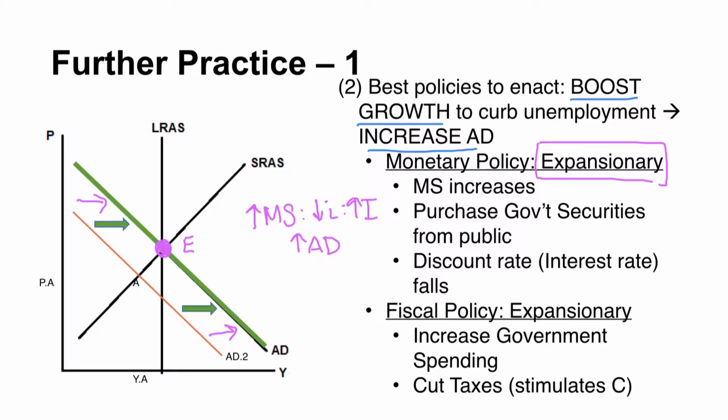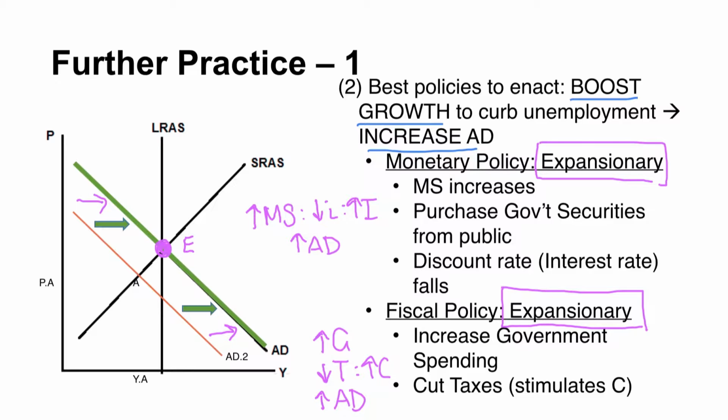On the other hand, we can also enact expansionary fiscal policy. From this perspective, the government can increase government spending, or it can cut taxes to stimulate consumption. Both effects would cause an increase in the aggregate demand.